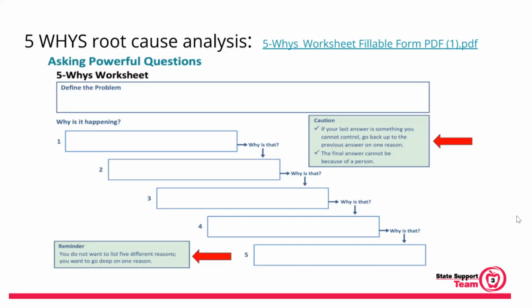You can see at the bottom, the reminder: you don't want to list 5 different reasons. You want to go deep and look for that one reason. That reason will be the focus of the improvement plan, something you have control over. That can't be a person. It has to be something that you can change.